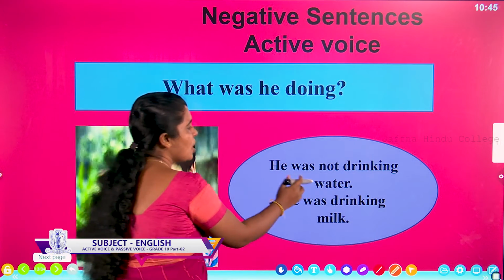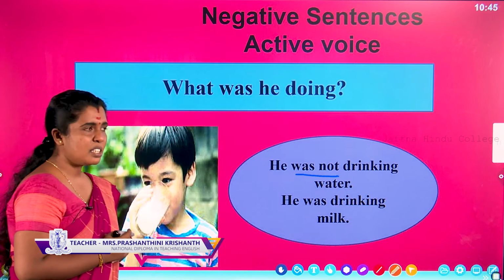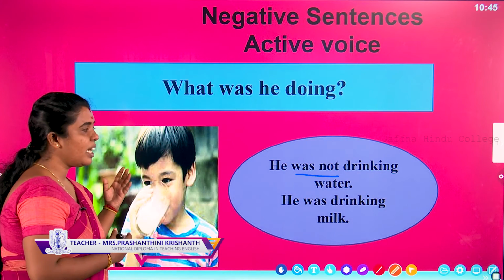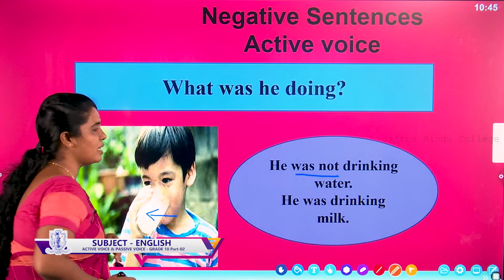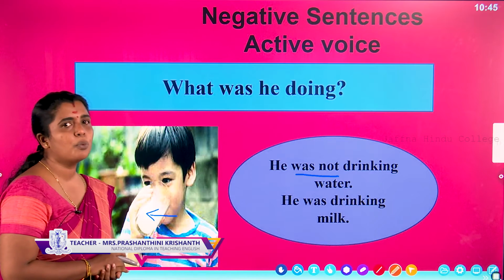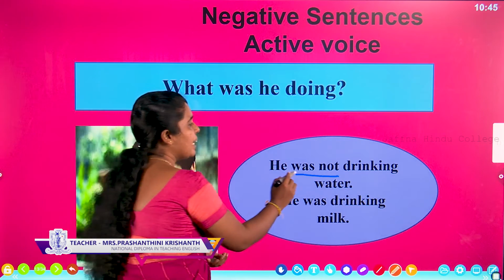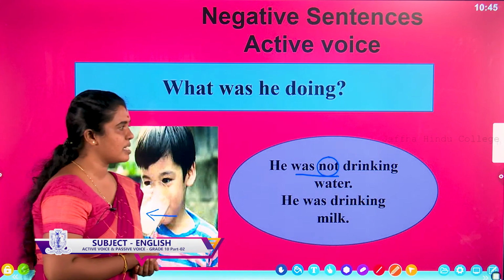He was not drinking water, right? So, he was drinking milk, right? So, simply we can identify this one, right? He was drinking milk. He was not drinking water. So, we are adding not here. So, this is a negative sentence, right?